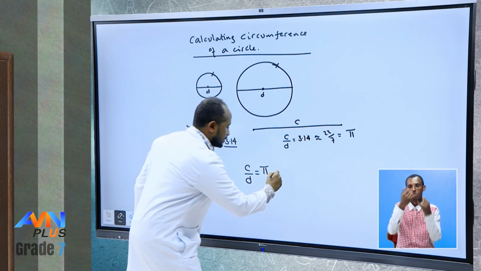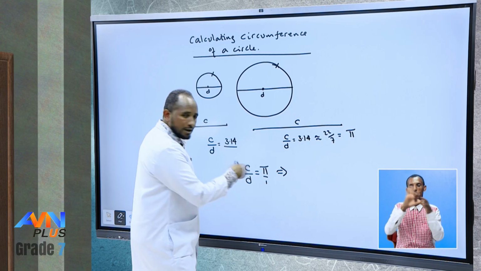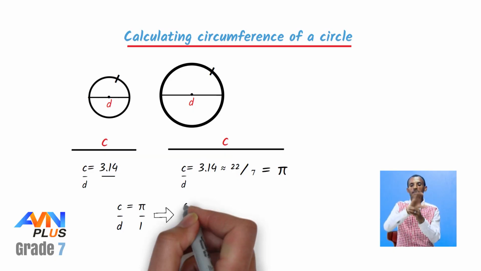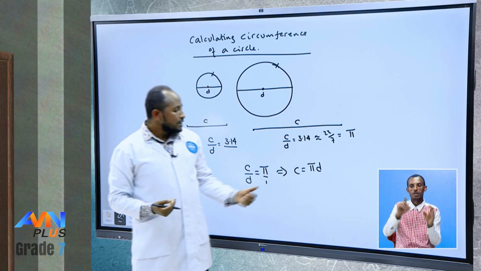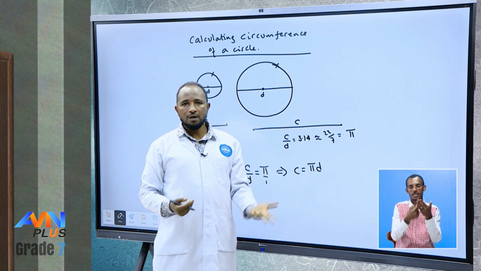Therefore, from this, you have this equation. Just by applying cross multiplication, circumference is equal to pi times diameter. So you can easily calculate the circumference of a circle using this equation, pi times diameter.